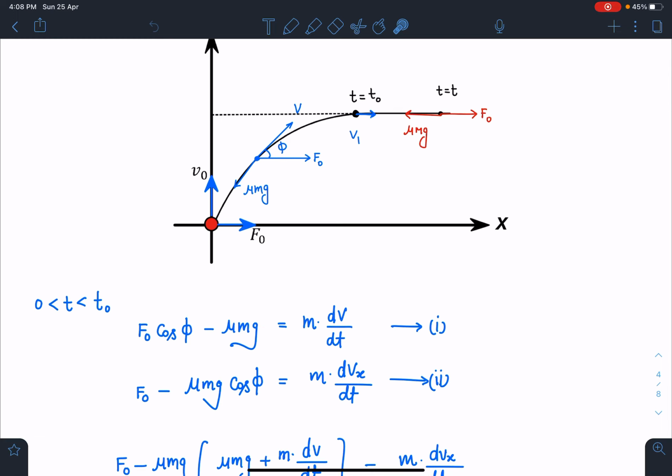So here v is the overall speed, so this is the tangential acceleration. Similarly, along x, I'll be writing this equation as f0 minus mu mg cos phi is equal to m d by dt of velocity in x direction. So I'm writing these equations in such a way that I can eliminate this cos phi term directly from here.